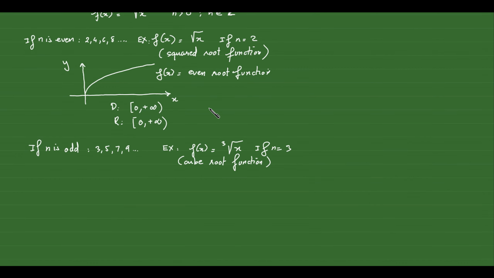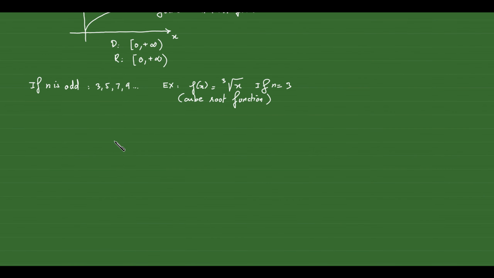The sketch of any odd root function will be something like this. You have y here, you have x here, so it's going to be something like this. Of course, it probably changes depending on the n value.